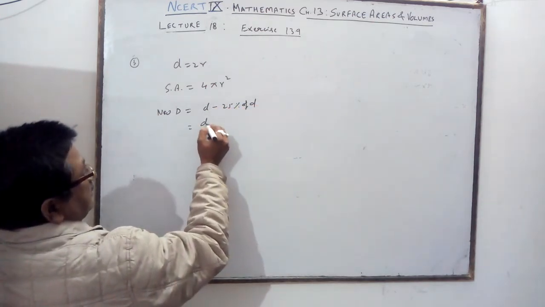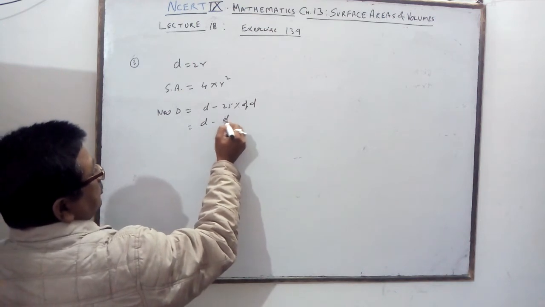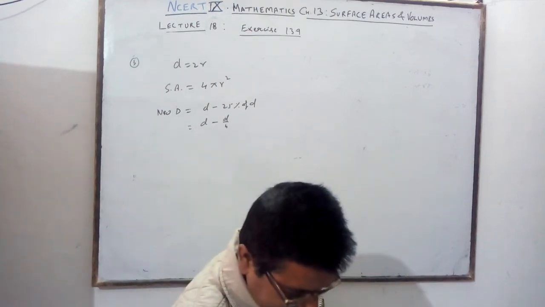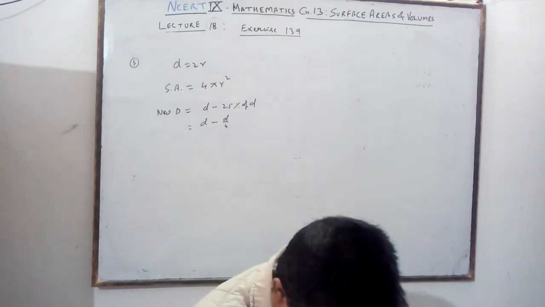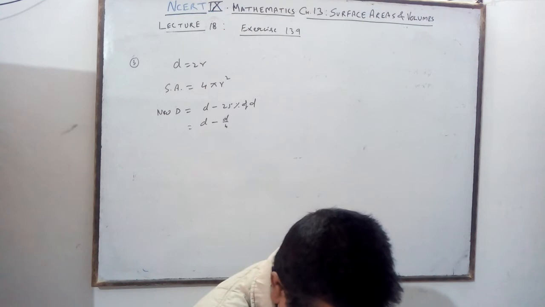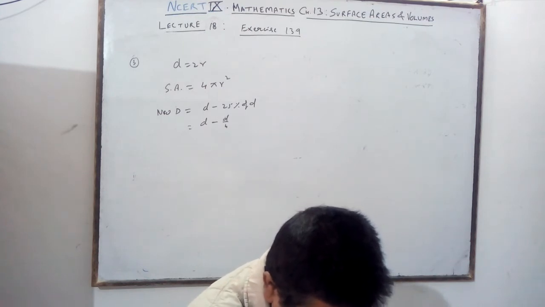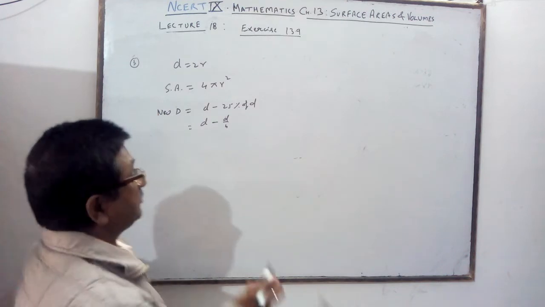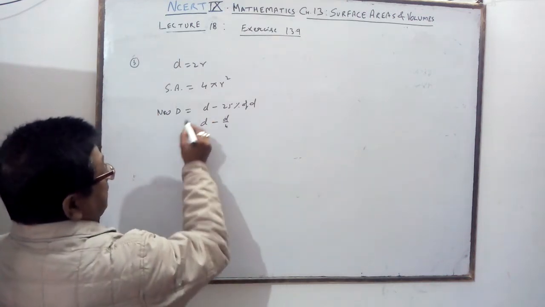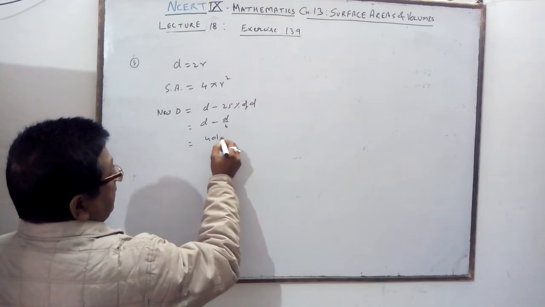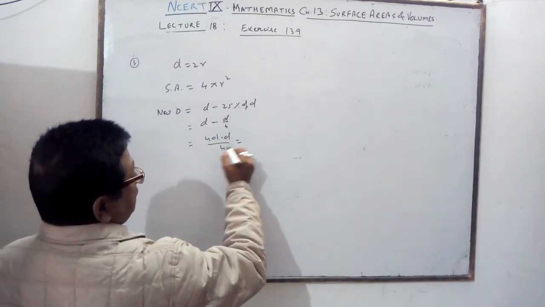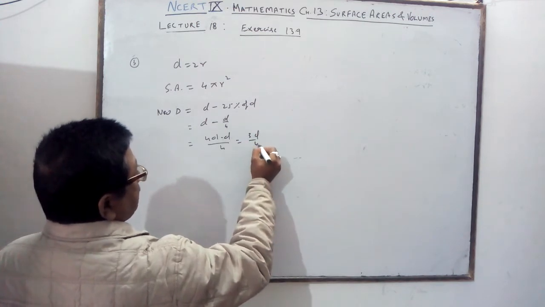So what are you getting? d minus d by 4, since 25% means 25 upon 100, a 25% decrease. Then we need what percent the surface area decreases. The surface area of a sphere means 4 pi r square. So first find the new diameter: 4d minus d upon 4 gives 3d by 4.